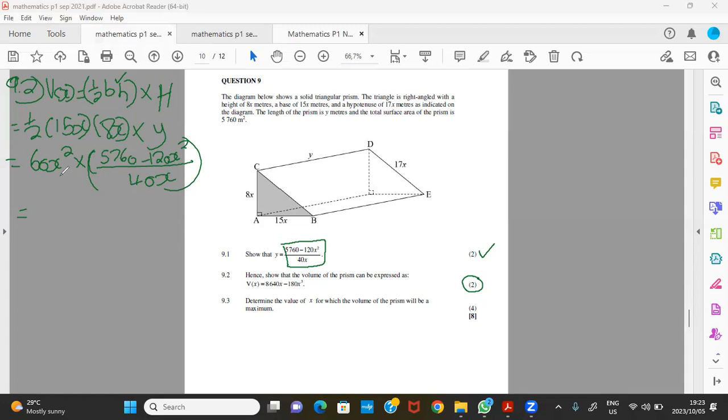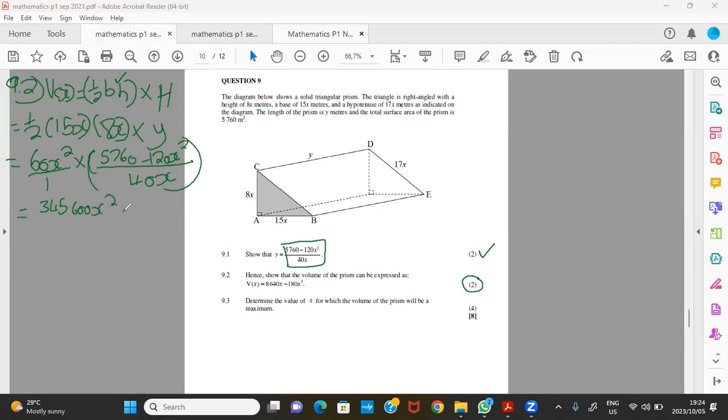Okay, how are we going to do it? Now we are multiplying, so we are just going to say numerator times numerator. So 60 times 5,760. What is that? It is 345,600, but then it's x squared.